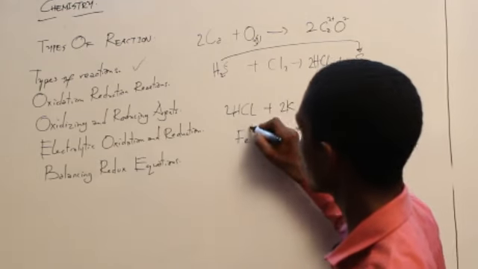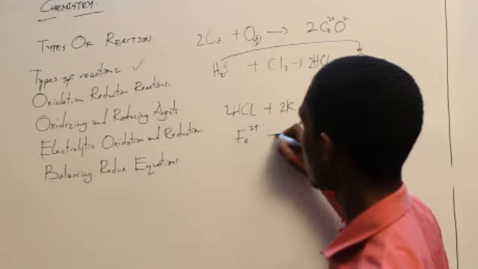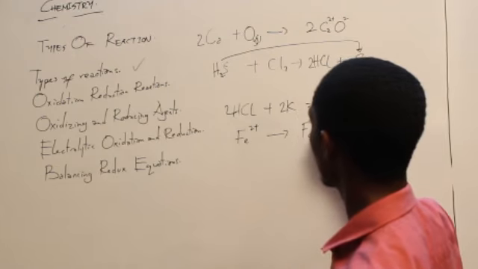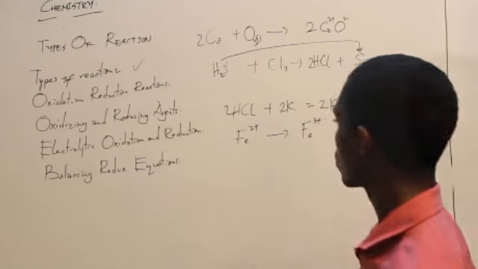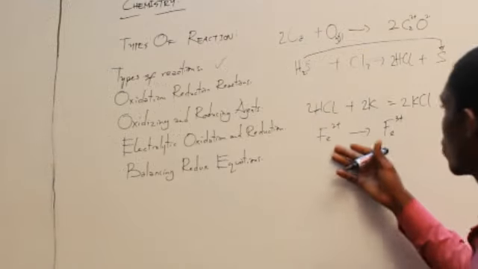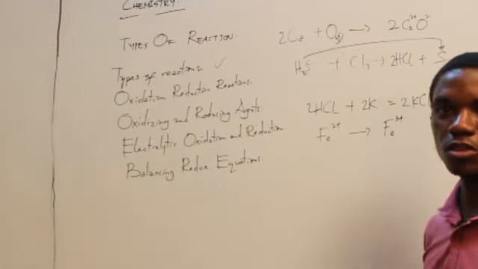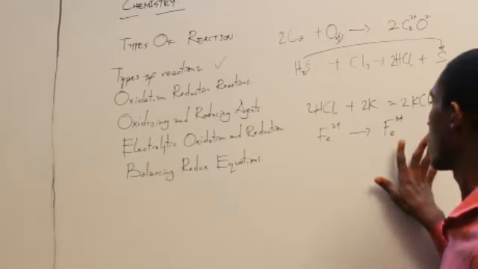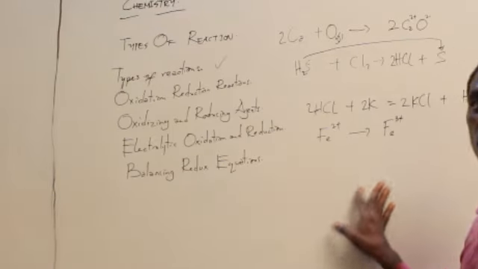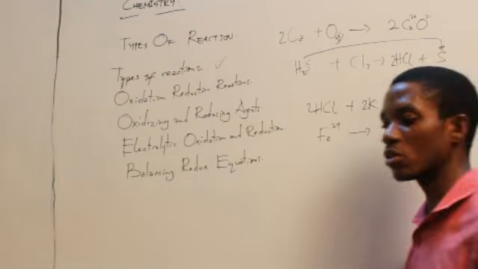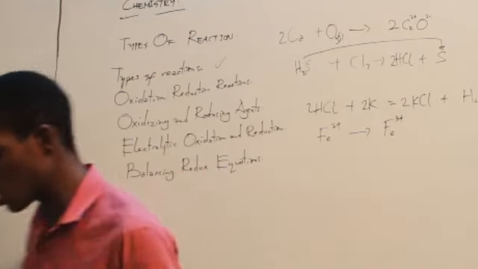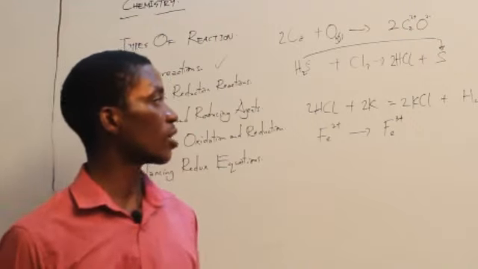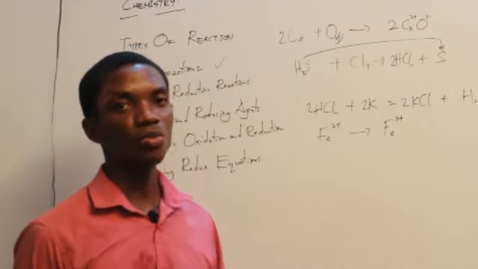That's Fe2+ changes and becomes Fe3+. Obviously, an electron has left this particular atom, and now that's why it is 3+. So we can also agree that this is an oxidation reaction.